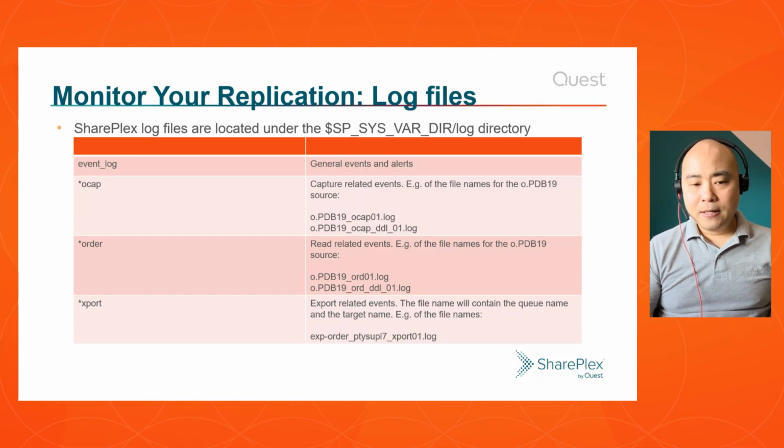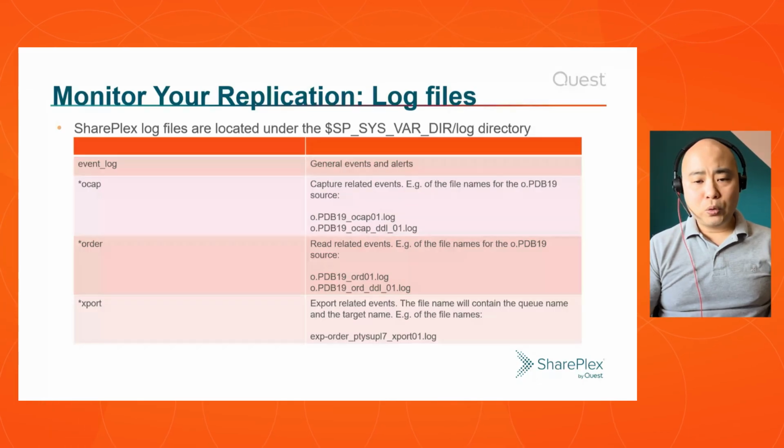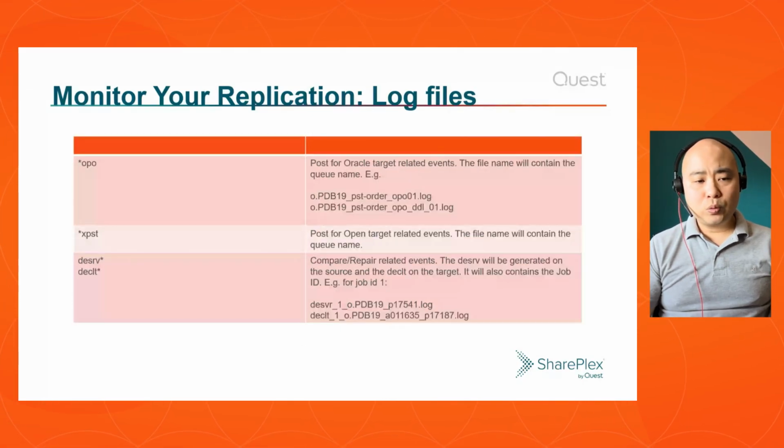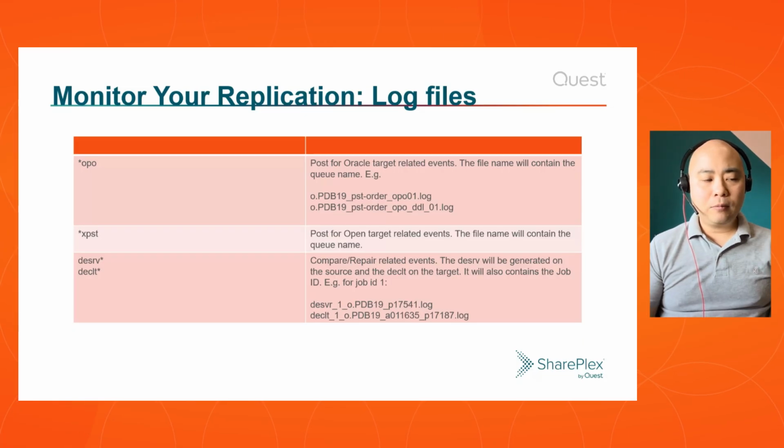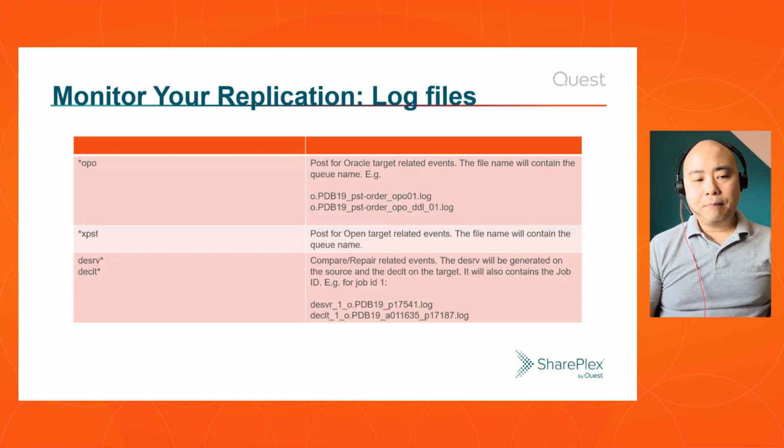For export, it will have the queue name you need for the export, PORT for it. In the case of post, you might find two types of post logs. If your target is an Oracle database, it will have OPO. If your target is Postgres, Kafka, or any other type of target, the post logs will be XPST.